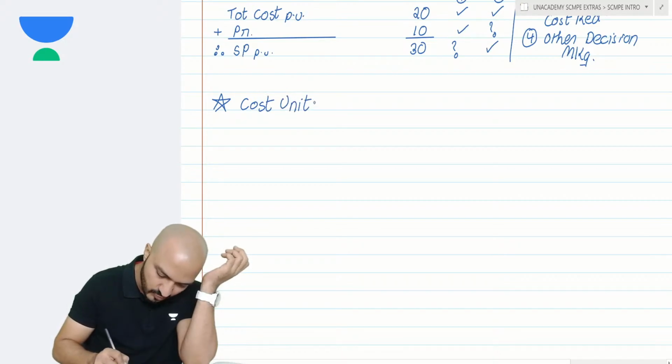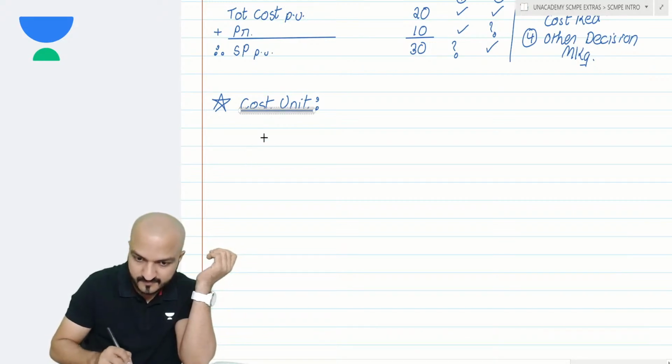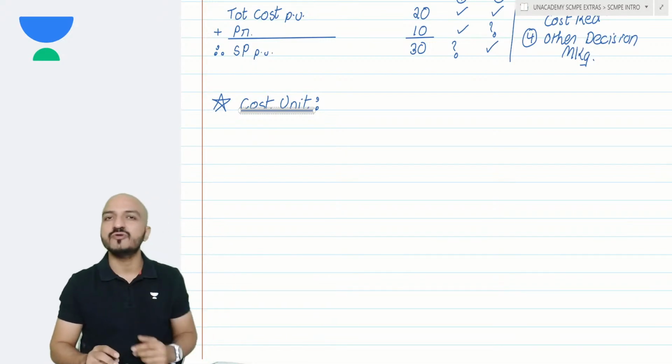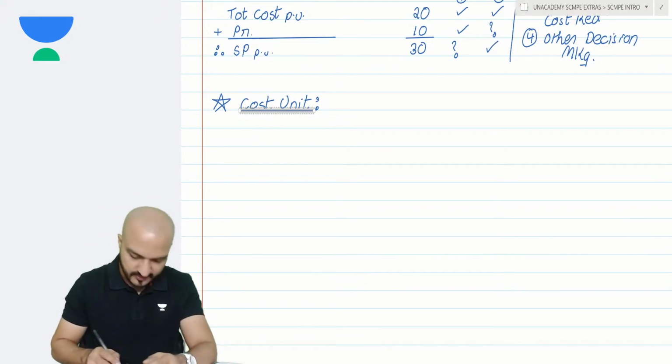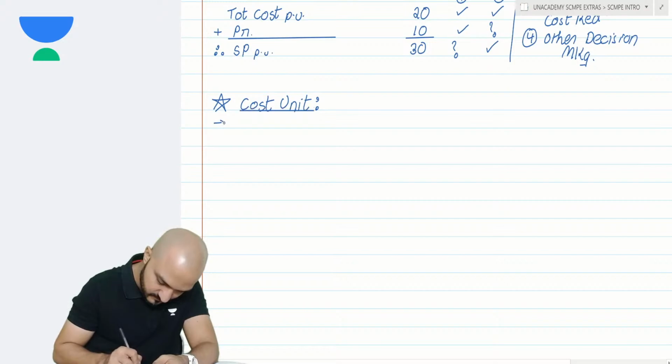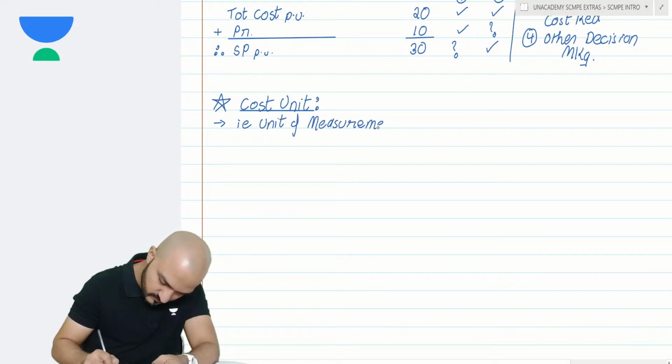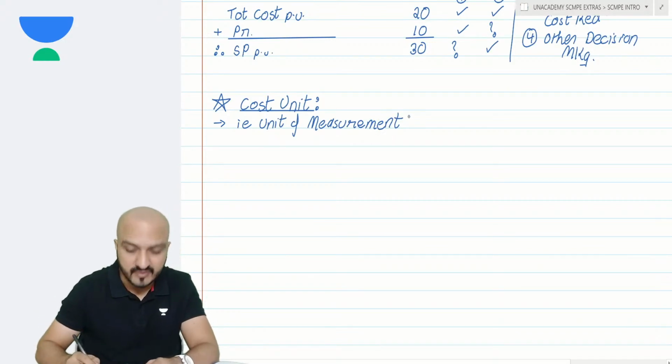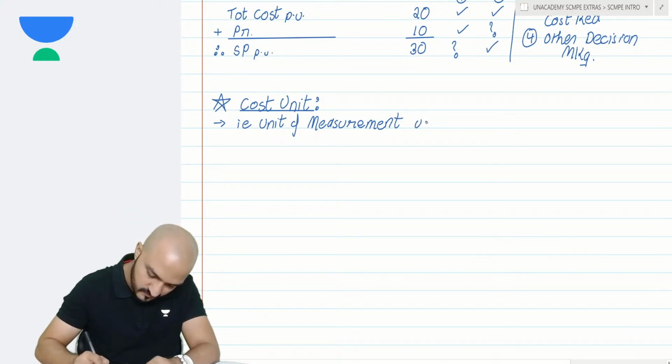do you know what does the term cost unit mean? Cost unit means the unit of measurement used to calculate cost.